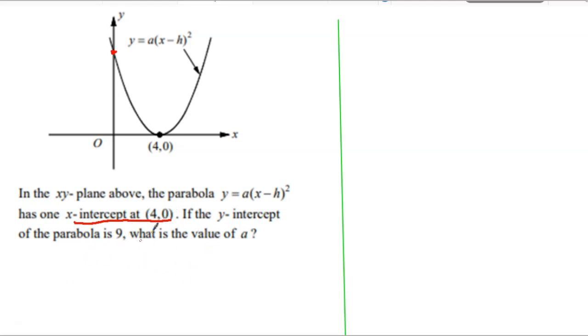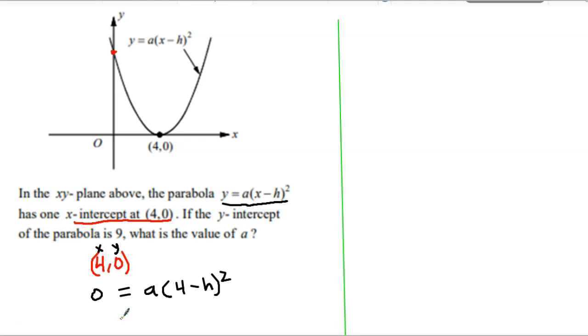First of all, let's use the point (4, 0), where the first coordinate is x and the second is y. They have already said that, and we are going to plug it into the given parabola equation. Wherever we see y, we put 0, so 0 equals a times (4 minus h) all squared.